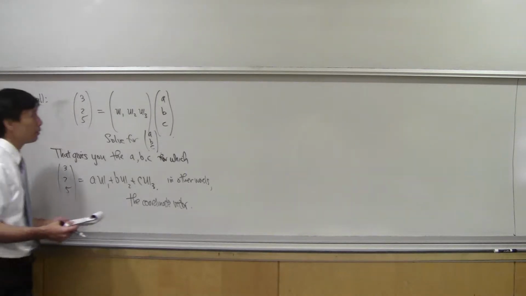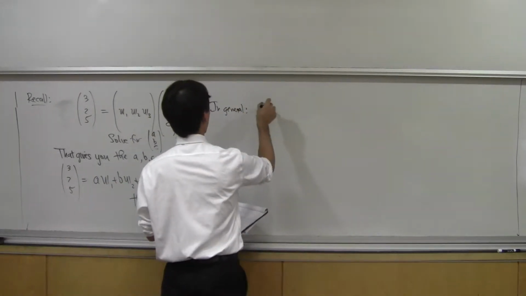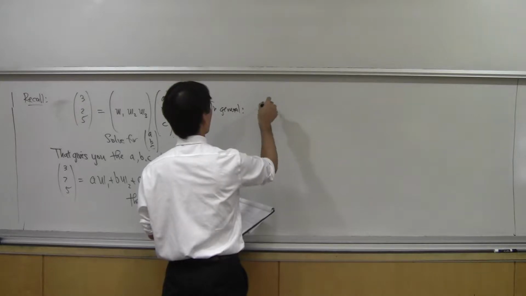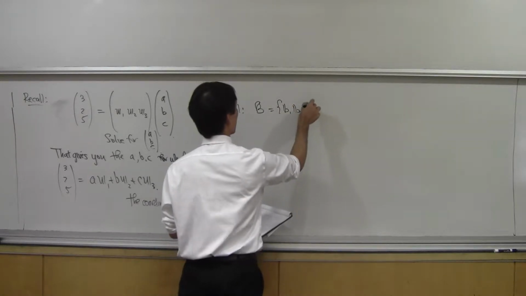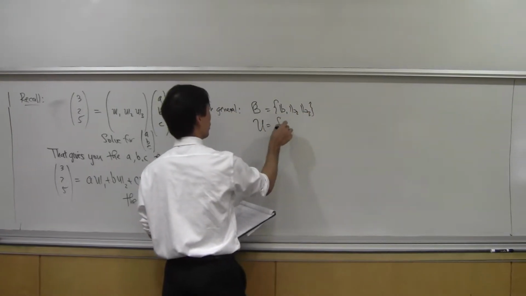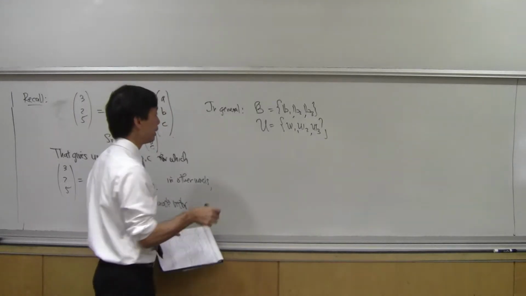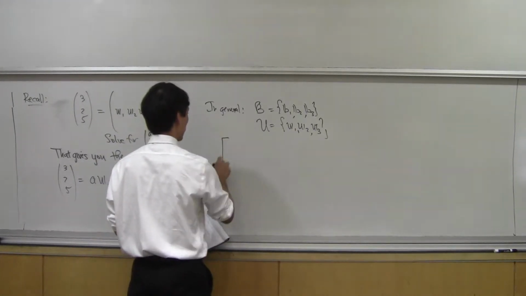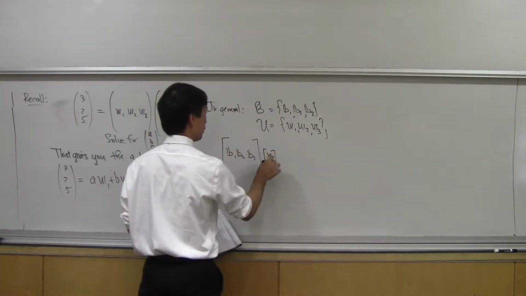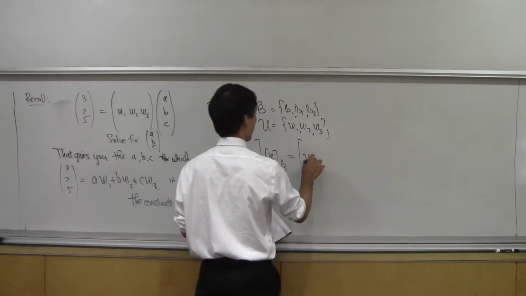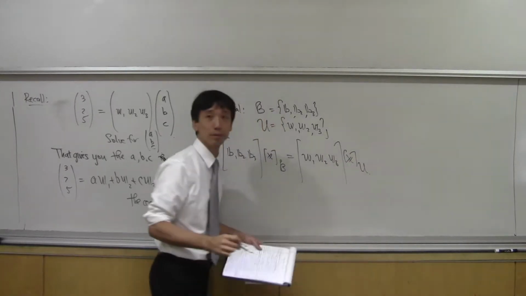Or in general, if you have a basis B being b1, b2, b3, and a basis U being u1, u2, u3, then you know that the matrix with columns b1, b2, b3 times the coordinate vector with respect to the B basis equals the matrix with columns u1, u2, u3 times the coordinate vector of the same vector with respect to the U basis.